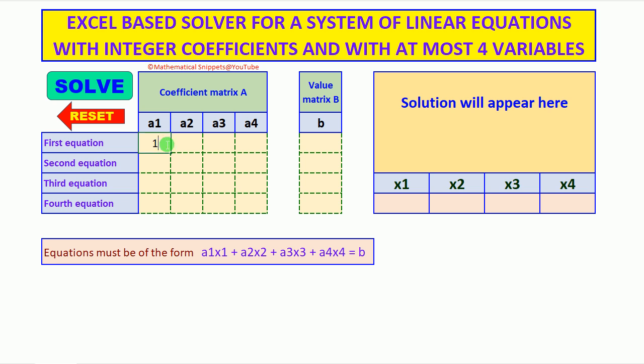So I put 1, then -2, then again 1, then 3, and I put 1, then 2, then again 2, then -3, 1, I put 2, then 1, 3, 1, 4, and here I put some number, say -5.